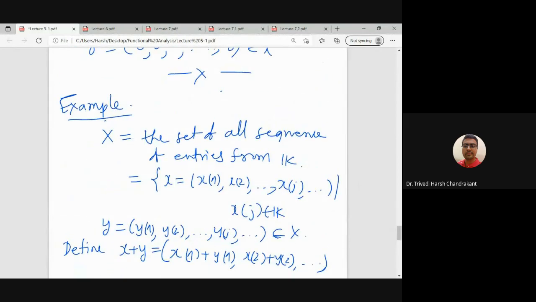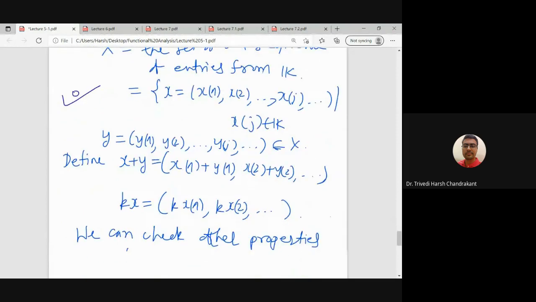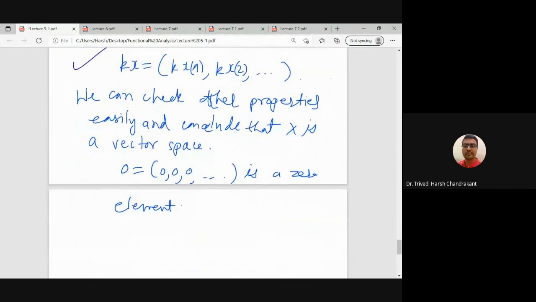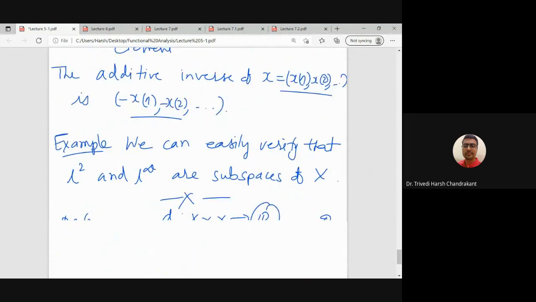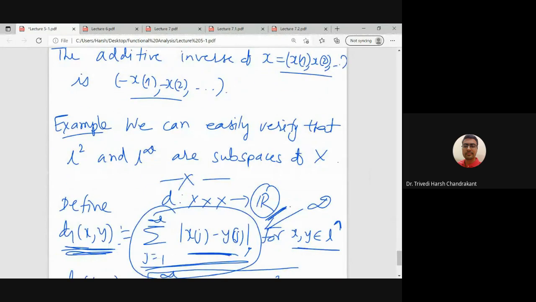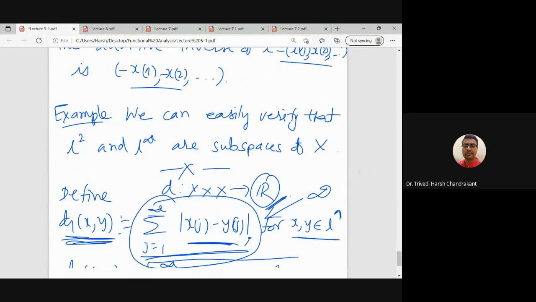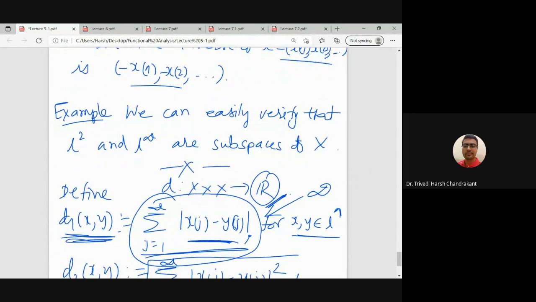And this is the set of all sequences. What we have discussed is that the set of all sequences, with respect to addition and scalar multiplication, is also a vector space. So L1, L2, L infinity are actually subspaces of this particular vector space. That can be verified.